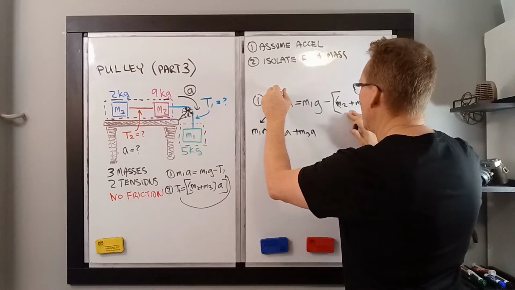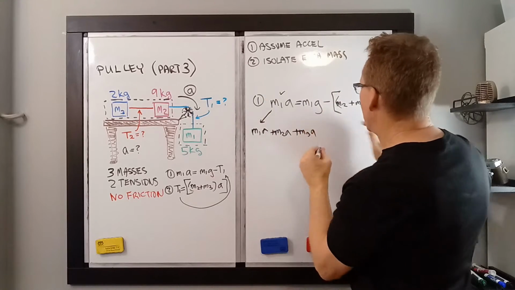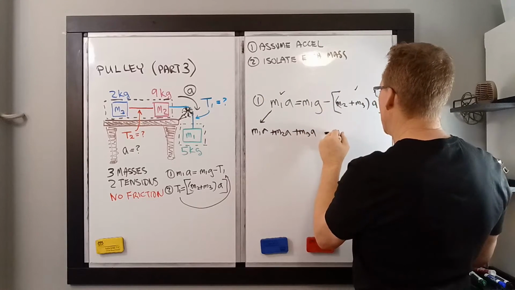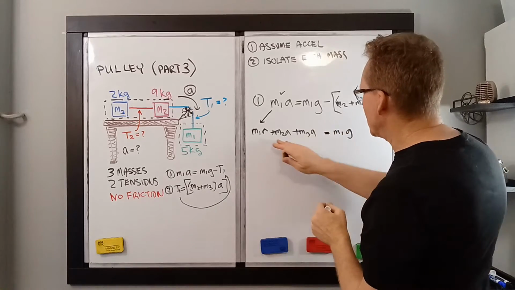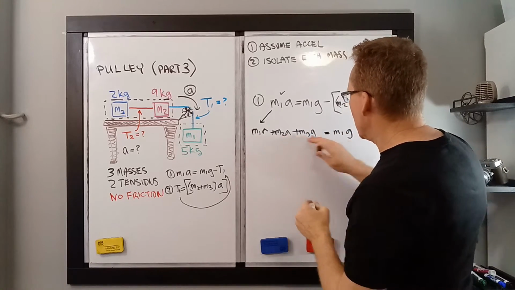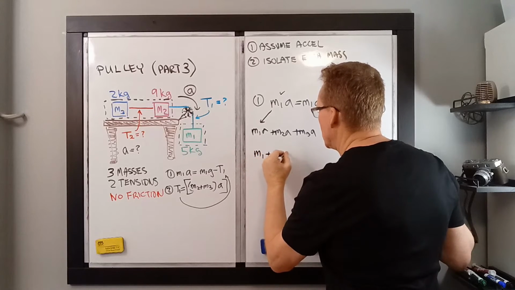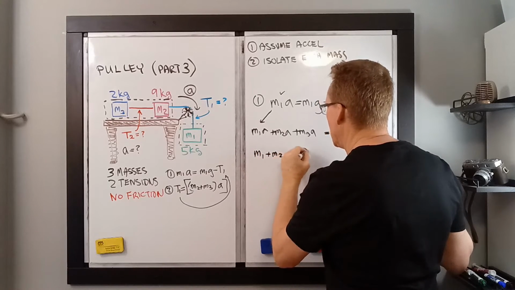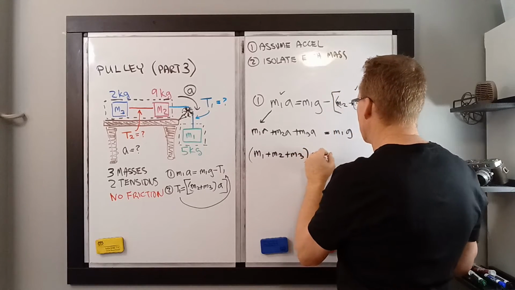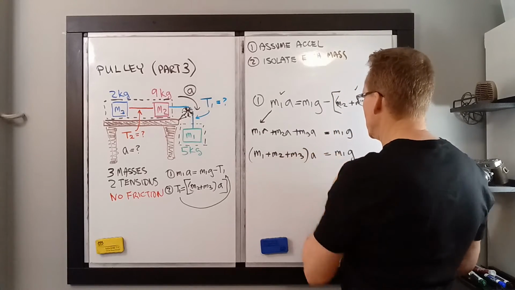That would be this term and these two terms. That's all going to be equal to m1g. Now notice these all have a common a, so I'm going to take that out. (m1 + m2 + m3) all times a equals m1g.